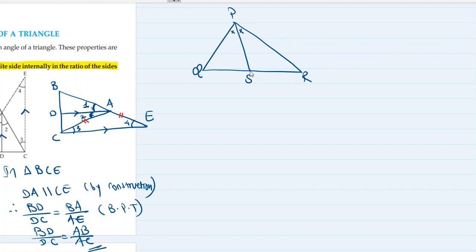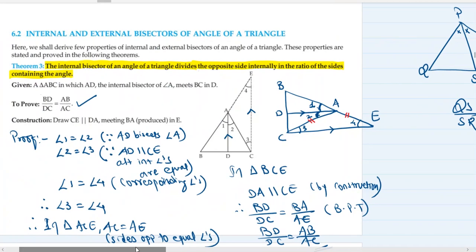Then the ratio of the parts of the side which is divided by the angle bisector, that is QS upon SR, is equal to the ratio of the sides containing the angle. So this angle P is contained by which two sides? PQ and PR. So QS upon SR is equal to PQ upon PR. That is your angle bisector theorem, which you should be applying.